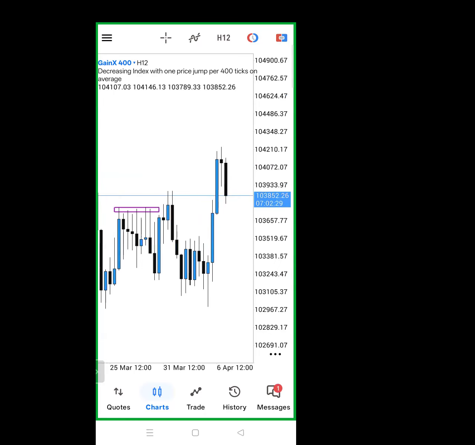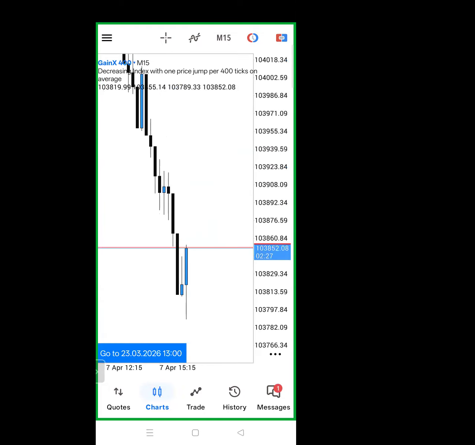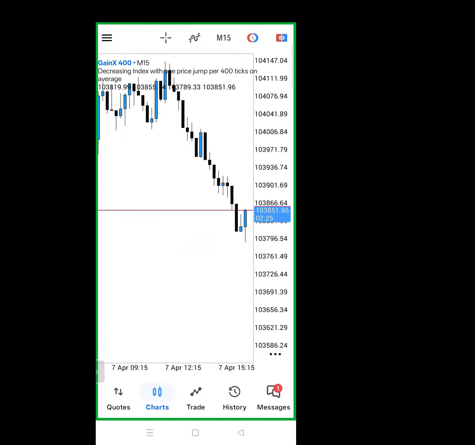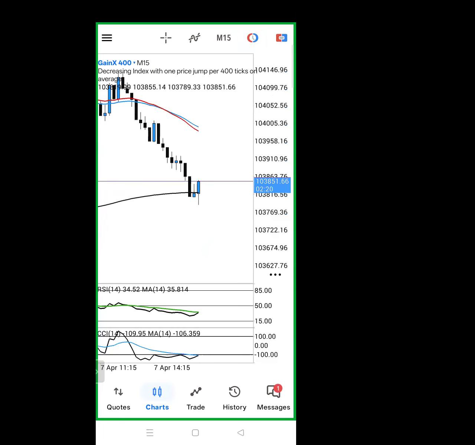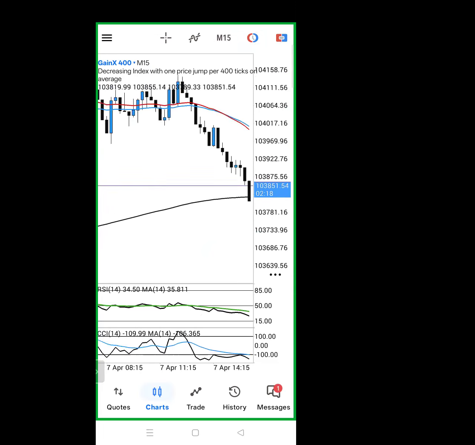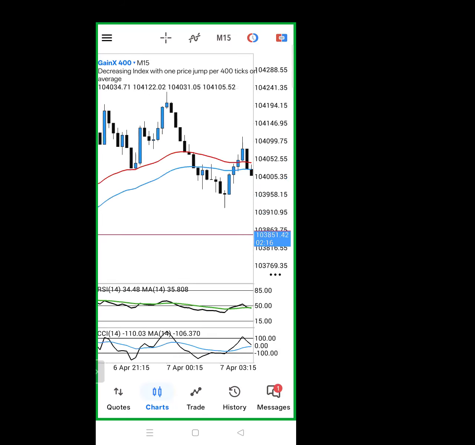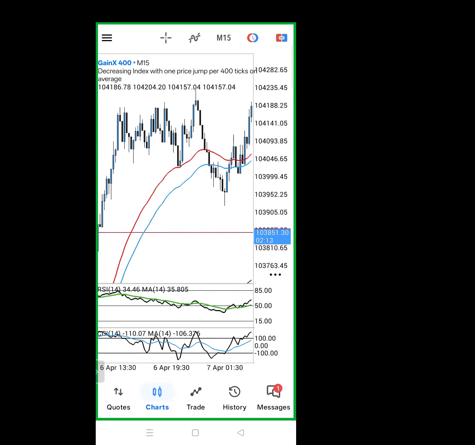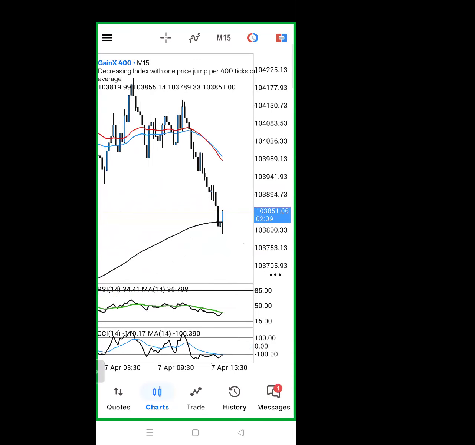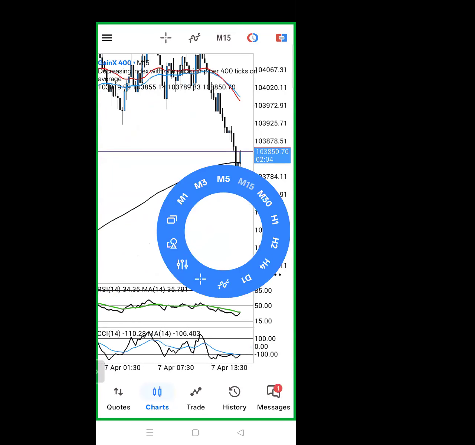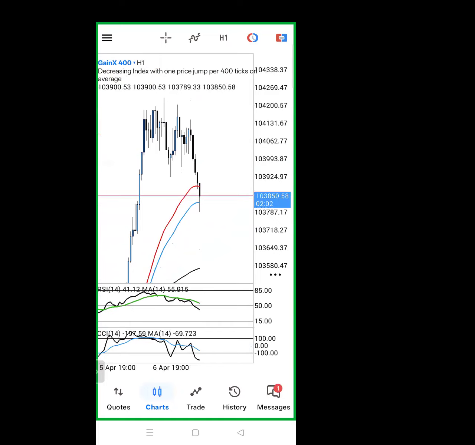So now let's go back to 15 minutes. Let me apply the indicators. The initial move already took place on this one before the market dropped, and now it's rejecting from here, probably to go back up.